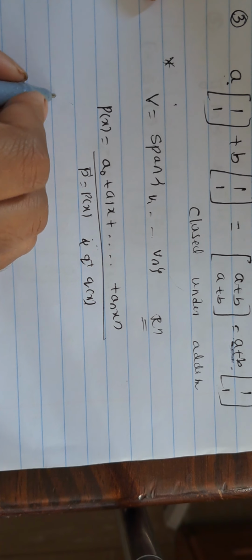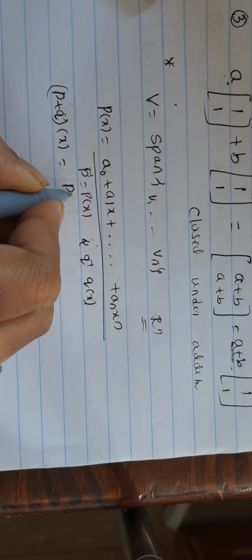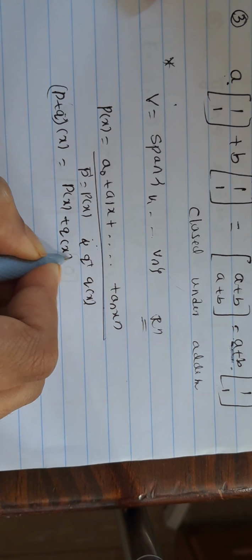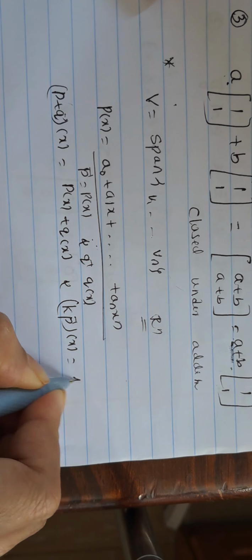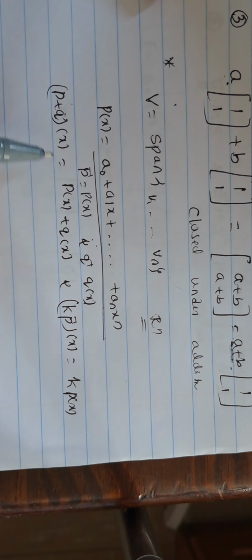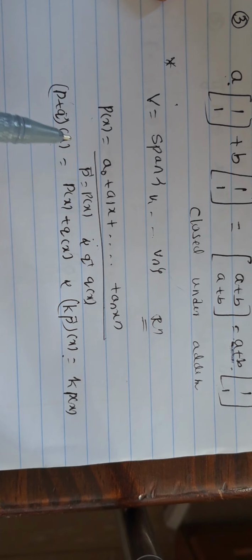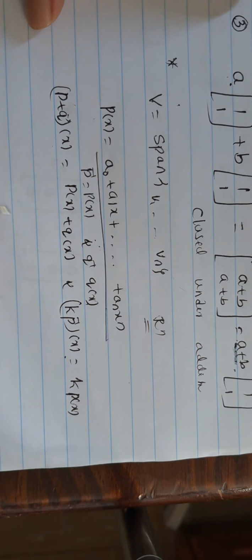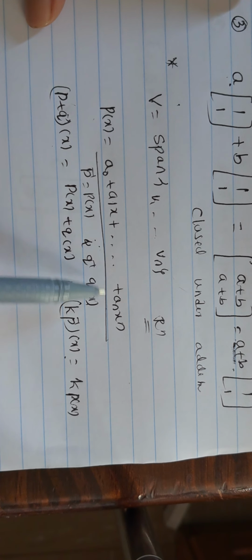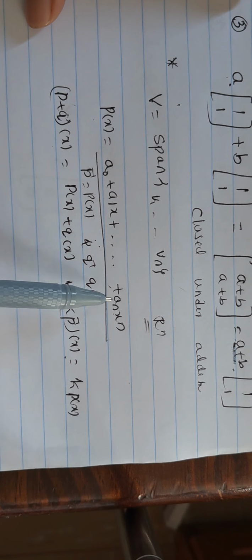Then p plus q of x is defined as p of x plus q of x, and scalar multiplication kp of x is defined as k times p of x. If this is how it is defined, then this W, the set of all polynomials, will become a subspace, because if all of a naught up to an become 0, then we have a 0 polynomial which acts as a 0 vector.